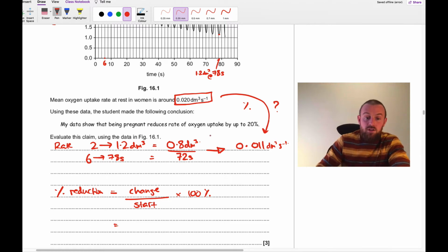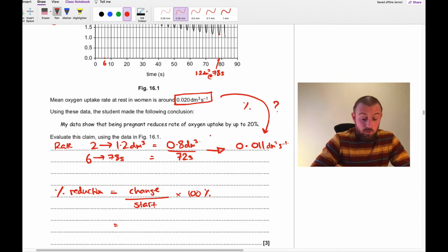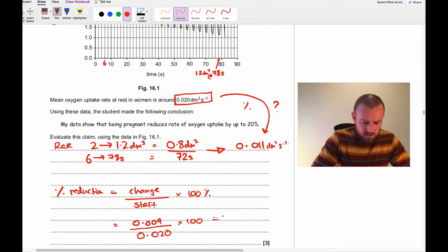So the change is the difference between 0.02 minus 0.011, or 0.009, divided by the start value, which is 0.020, times 100 to make a percent. It's going to be roughly 50%, so divided by 0.020, times 100. Yeah, it's 45% I've got.